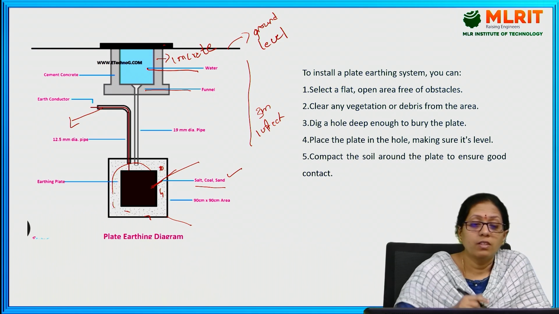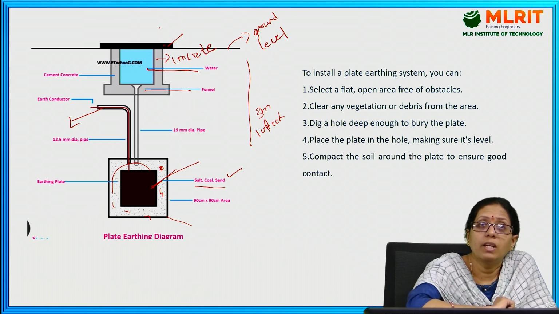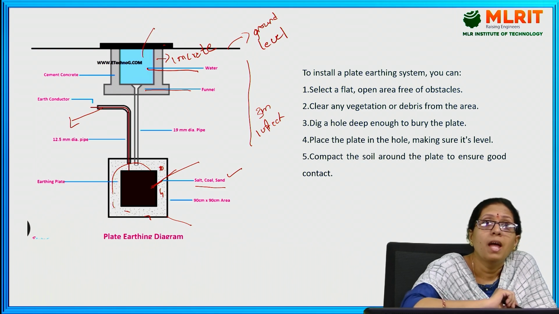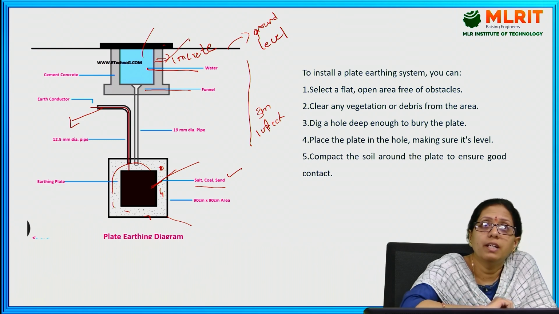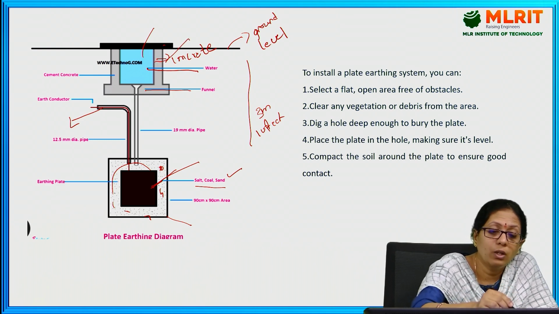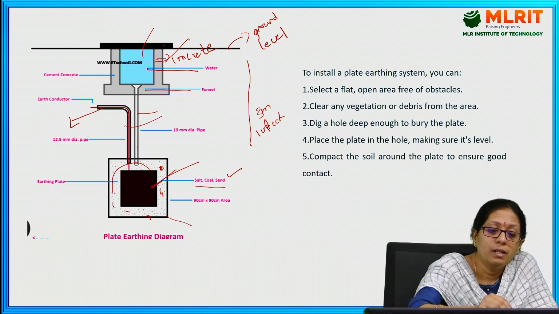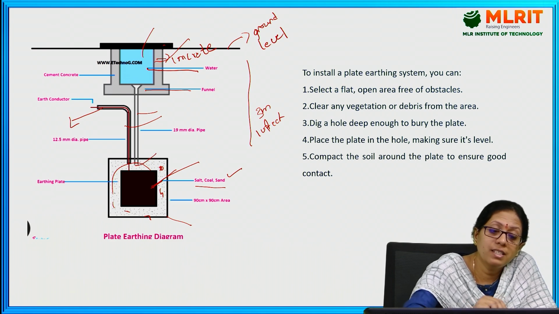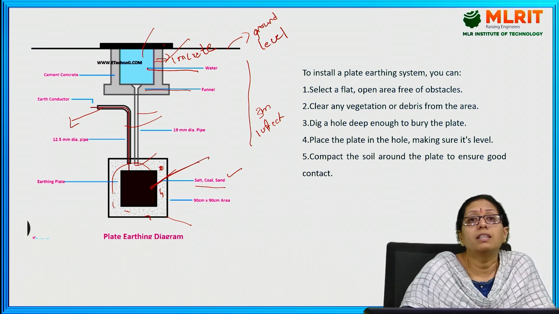In brief, this is the grounding level, and below this grounding level we need to place the water, and the water is covered with concrete, and to this concrete we are connecting the earthing conductors, and this earthing conductor is placed into the salt or coal material, and inside this we are placing the earthing plate.